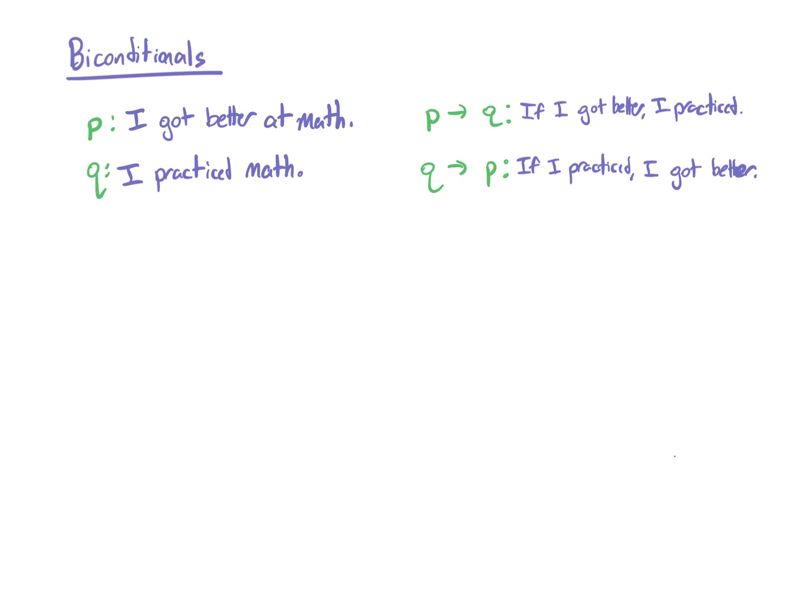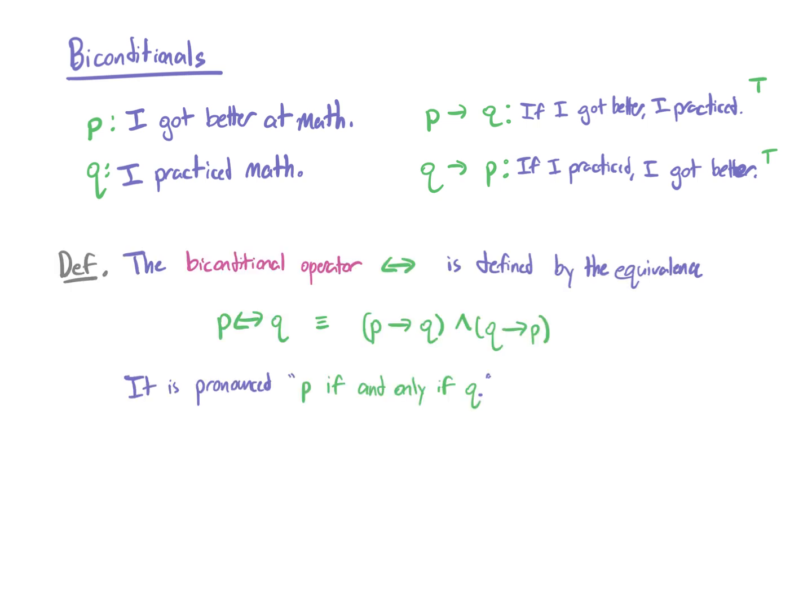So this is a case in which both the original implication P implies Q and the converse Q implies P are true logical statements. And these are not logically equivalent. They could be false if P and Q are different, but in this case, these implications are both correct. And we have a special definition for that. This is the biconditional.